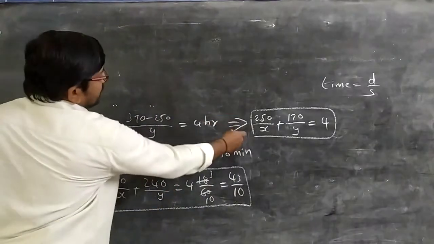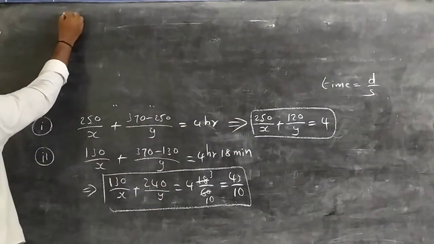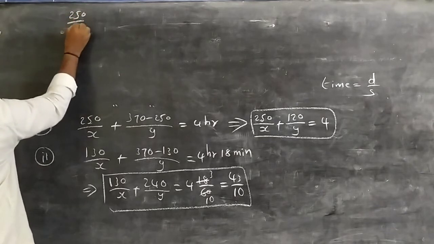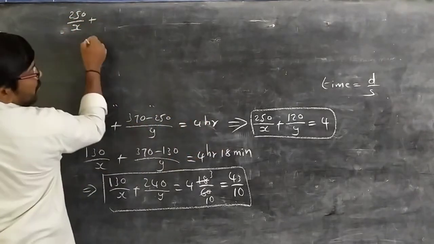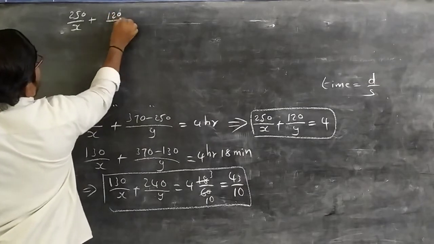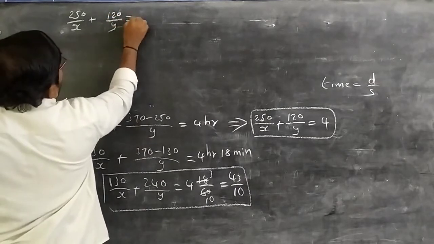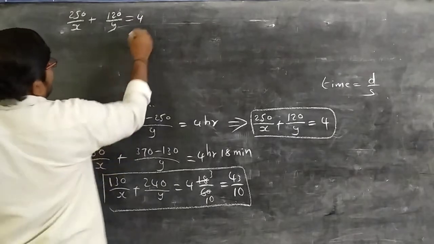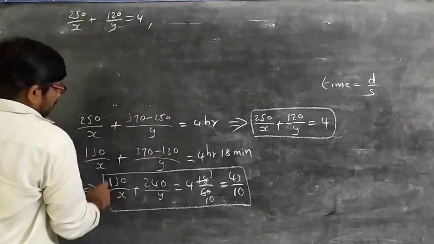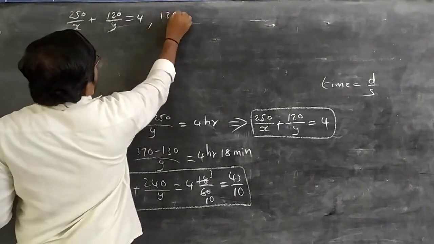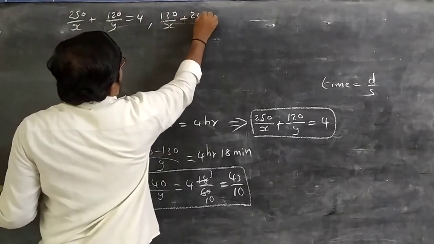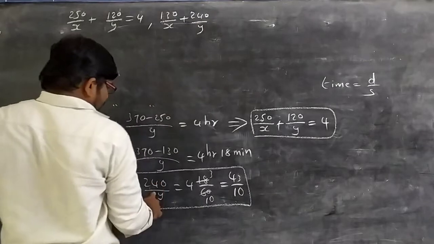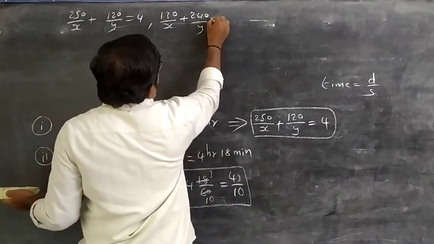See, the first one is 250 by x plus 120 by y is equal to 4, and the next one 130 by x plus 240 by y is equal to 43 by 10.